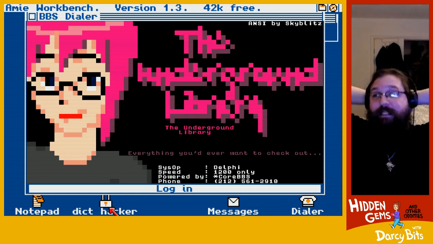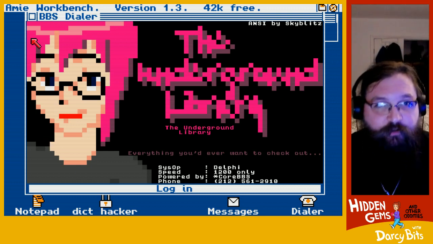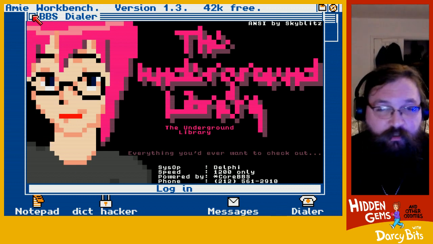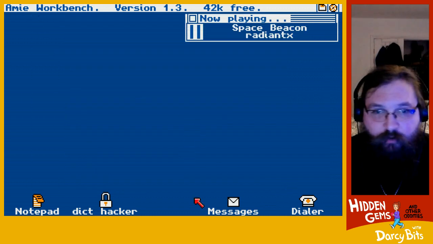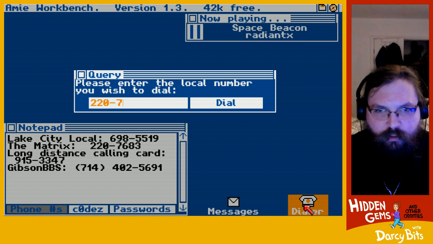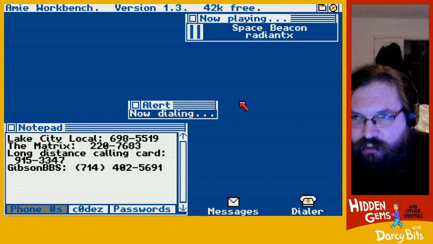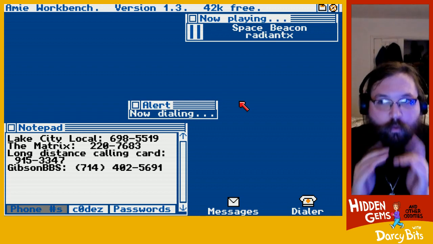It doesn't work! That's how long it takes! Huzzah! Alright, that's a dead end. Maybe we can find more information about the Underground Library. We'll have to ask around on another BBS. Ooh, now it's an investigation game. What is this? How do we find the answers to this mysterious clue that we've been given? Love it.